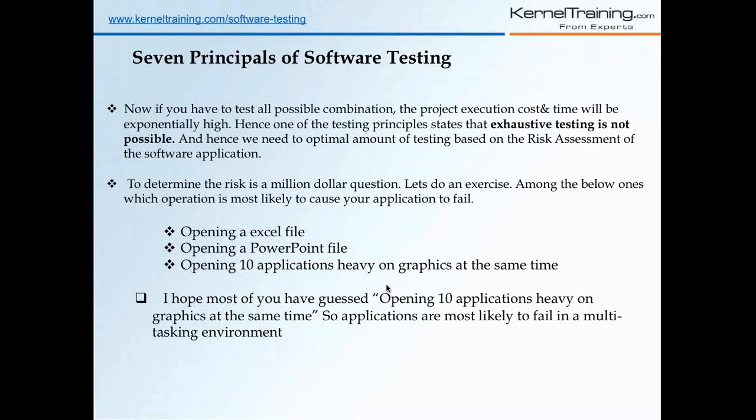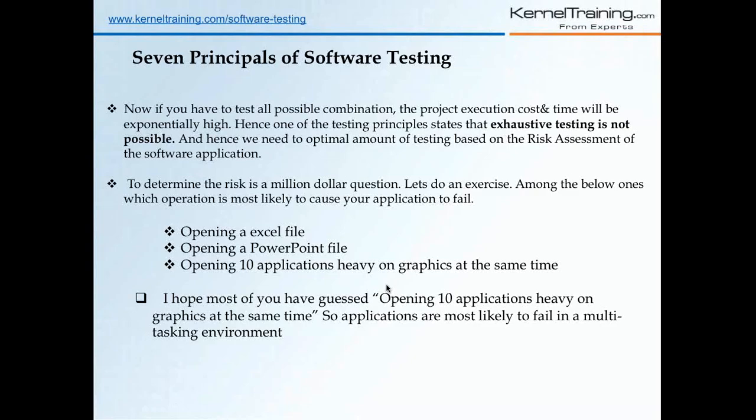You can tell me in which operation your application has chances of failing quite often. One scenario is you open an Excel file. The second scenario is opening a PowerPoint file. And the third scenario is opening 10 applications heavy on graphics at the same time.